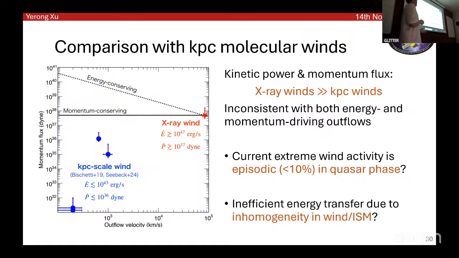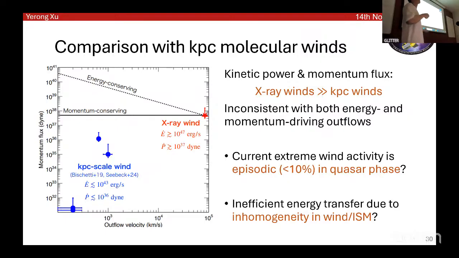Another possibility is the energy transfer between the winds and interstellar medium may not be efficient because both of them have very inhomogeneous structures, so that their collisions are not very effective, which will limit the energy transfer between them. Both of them could account for this inconsistency, but we still don't know which one is correct, and we need more observations and more detailed simulations to understand this.